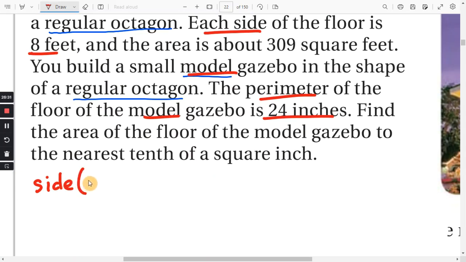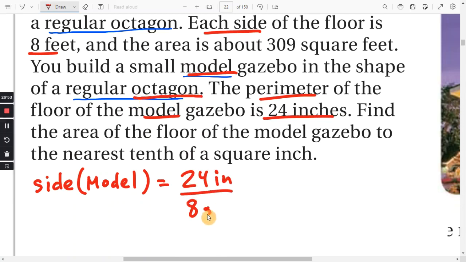The perimeter is 24 inches, and that's divided by 8 because an octagon has 8 sides. So each side is 24 divided by 8, or 3 inches. Okay, so that's each side for the model.